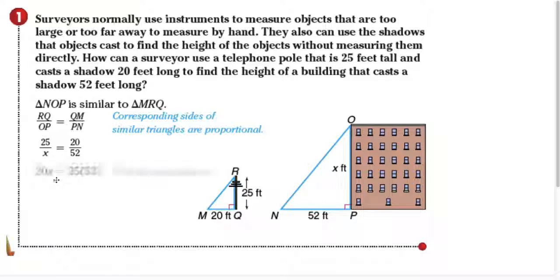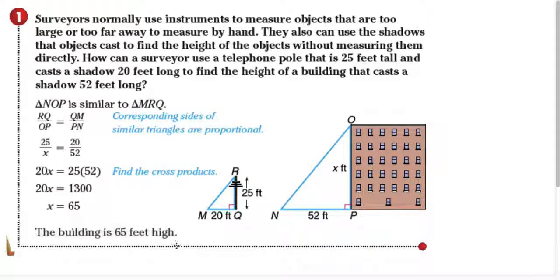So this now becomes 20 times X and 25 times 52. Okay, and then we end up with 20X equals 1,300. And dividing both sides by 20, we end up with X equals 65. So the building is 65 feet high.